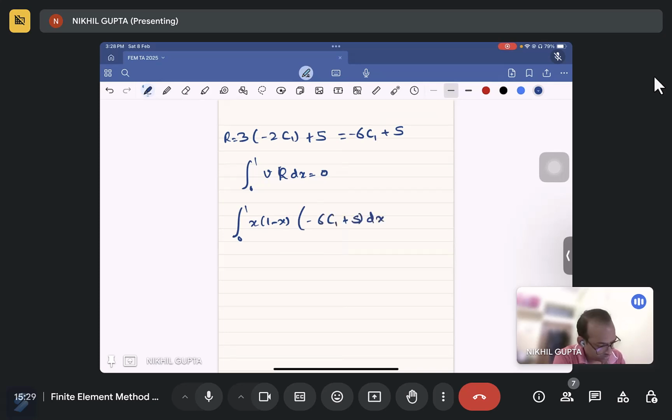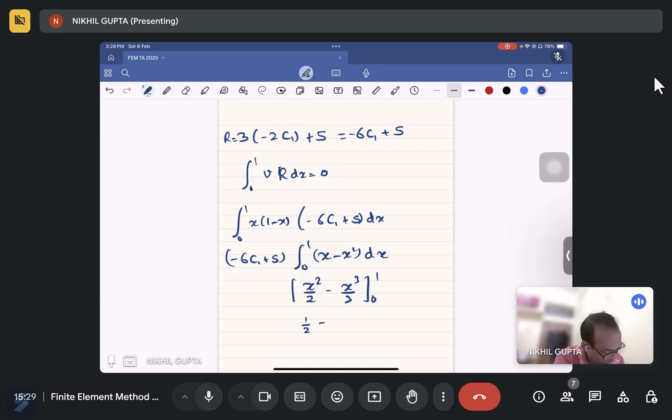So we solve the integral of minus 6 C1 plus 5 times x minus x square dx. This part is constant, so we can take it out, and we have to solve the integral of x minus x square dx, which is x square by 2 minus x cubed by 3 from 0 to 1. This is 1 by 2 minus 1 by 3, which is 1 by 6.